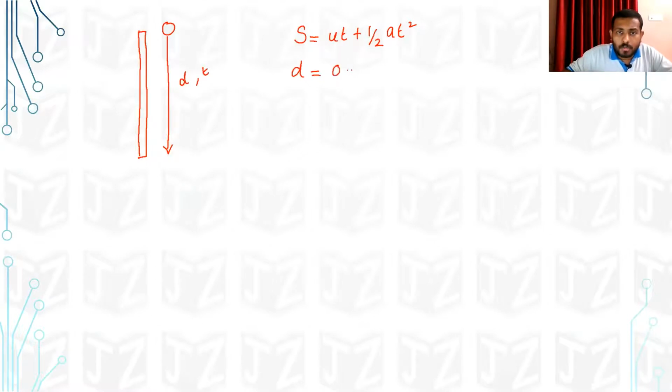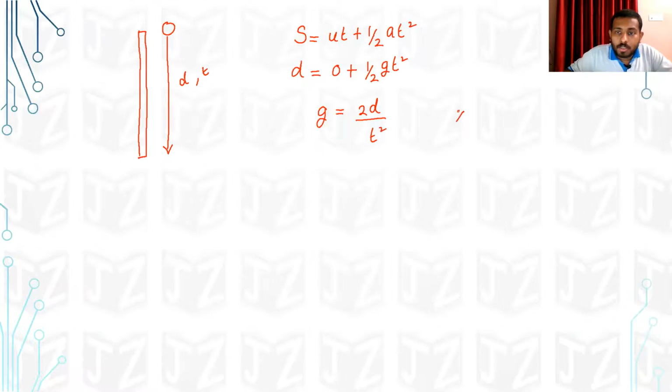So 0 plus half, the acceleration is g, then we have time t, therefore t square. Then we can write the equation of g as 2d divided by t square.